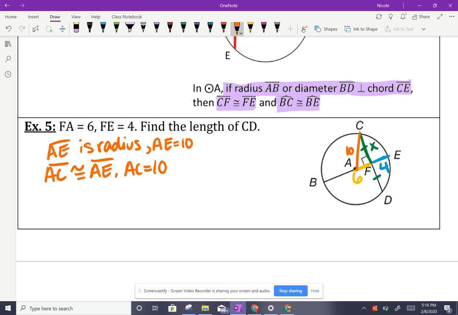So now if you take a look at that, you have a right triangle with two side lengths, 6 and 10, and you're trying to find the third side. So in order to do that, we just do Pythag. So we have 6 squared plus x squared equals 10 squared. This is a Pythagorean triple, so if you remember that, you're more than welcome to use it. This gives us 36 plus x squared equals 100.